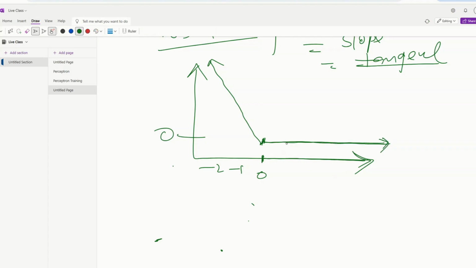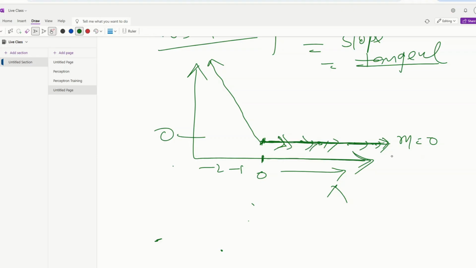The tangent here will be parallel to the ground, parallel to x. At every point it is parallel to x. So it means that here my slope and my tangent is 0. If it is parallel to x, your slope is 0.